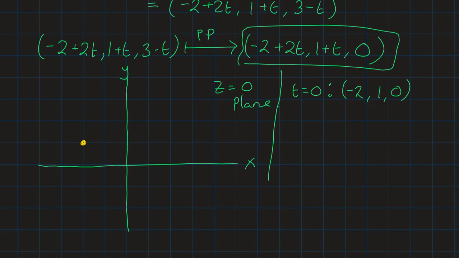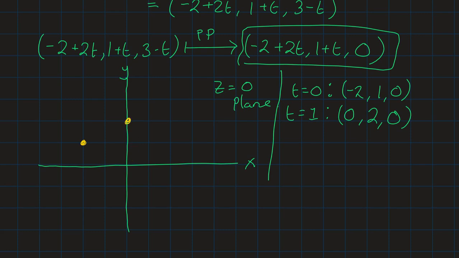And I could plug in another easy value of t. I could plug in t equals 1. You can use any value you want, but I'm just trying to use the easiest values because I'm not very good at arithmetic. So if I plug in t equals 1, I have -2 plus 2 times 1, which is 0. And then this is 1 plus 1, so this is 2, and then 0. So I have this point here.